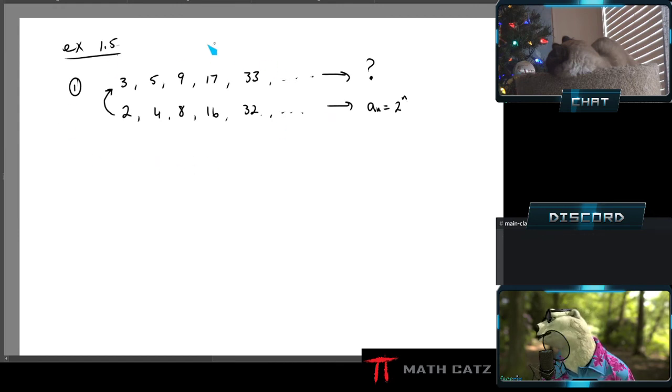If I can explain that in words first, then the formula will be much easier to write. What is being done to this basic sequence in order to get the given one?